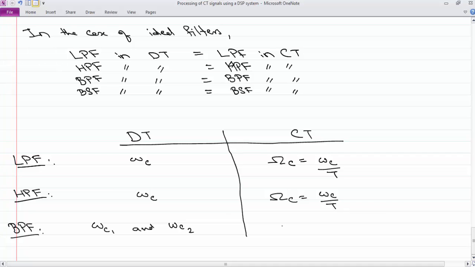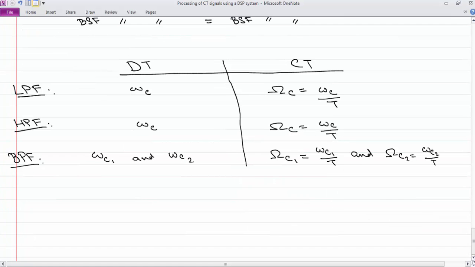Well, in continuous time, it will still be a band pass filter, and the band will start at capital omega c1 equal to little omega c1 over T, and it will end at omega c2 equal to little omega c2 over T. And of course, you can reverse all of that. You could start with continuous time and then do multiplication with T.